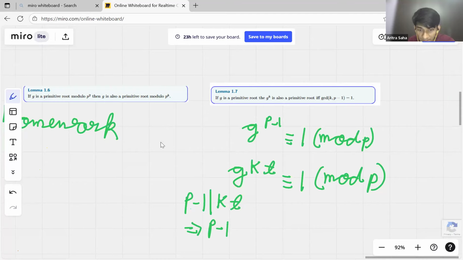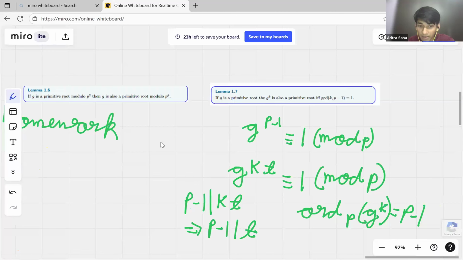So p minus 1 will divide t. And so the order is t only. The order of g to the power k is t, which is p minus 1. So g to the power k is a primitive root.